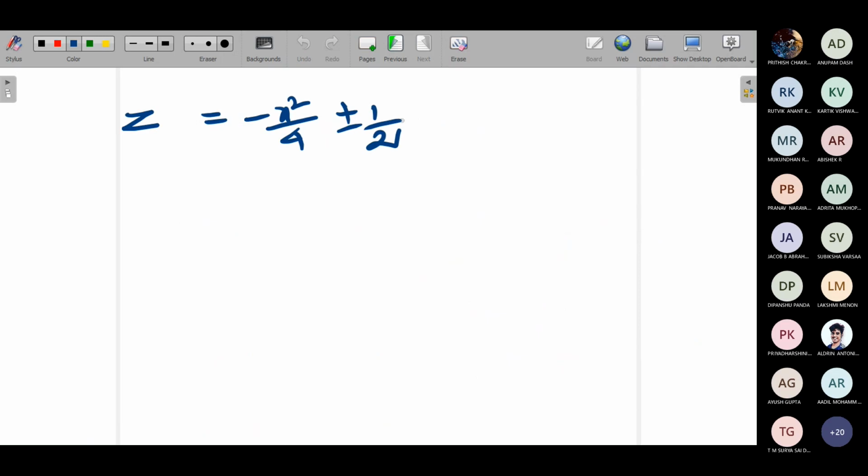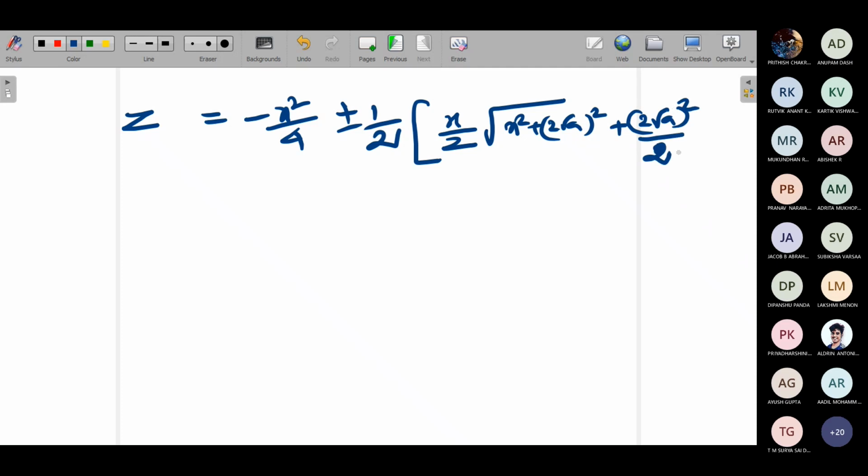It is x by 2 into root of x square plus a square, plus a square by 2 into sinh inverse of x by a. Here a is 2 root a.